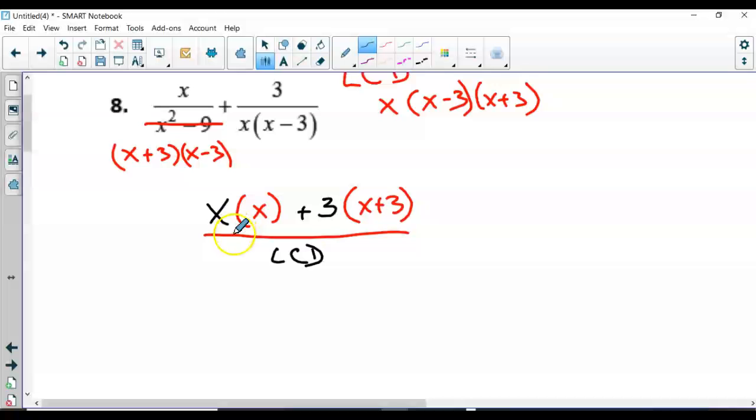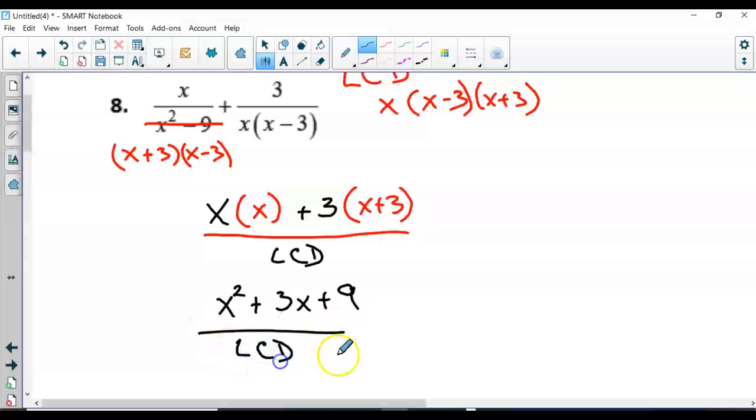So if we multiply, we have x squared plus 3x plus 9, all over top of the LCD. Well, let's see, can we factor this? Two numbers that multiply to make 9, but add to 3, we can't factor that. So let's rewrite this with our LCD in the denominator.